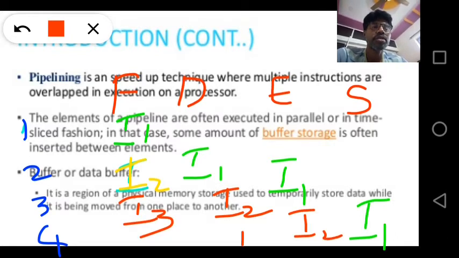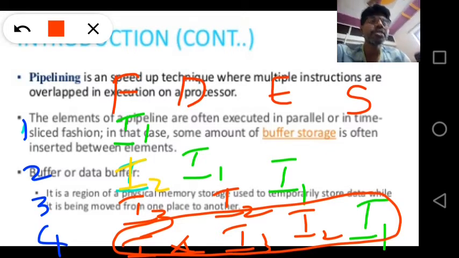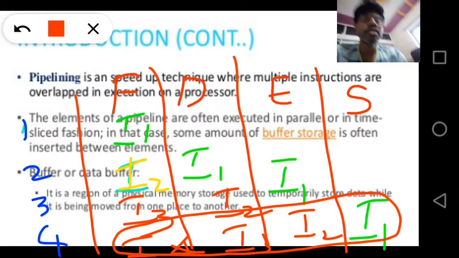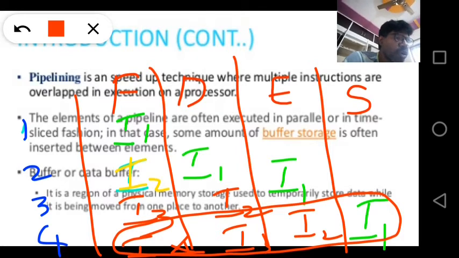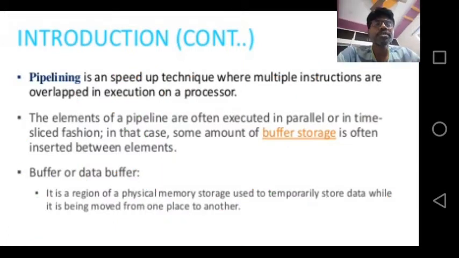When I2 is here and I3 here, I4 comes. So what's happening at the fourth stage? Multiple instructions are getting executed and their execution is getting overlapped. This is the most important thing in pipeline processing.